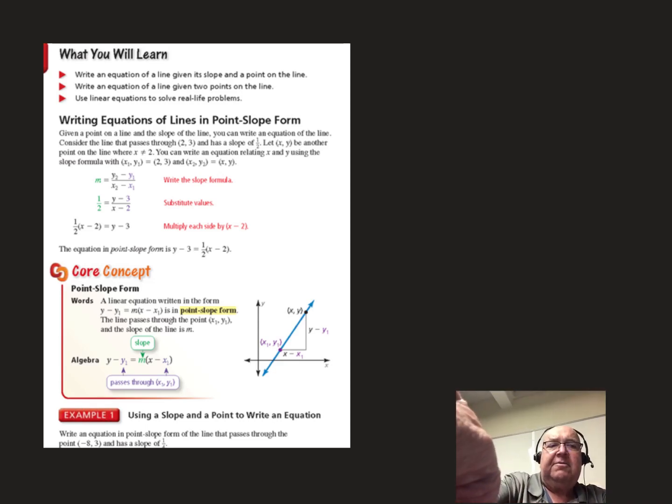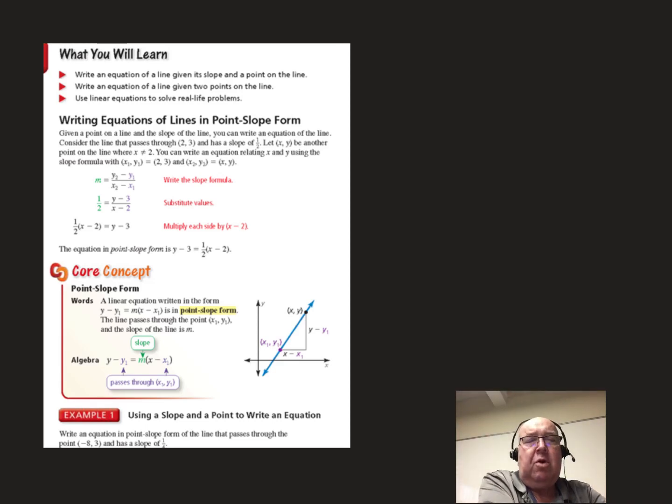In the last section, we wrote equations of lines in slope-intercept form, reminding you that that form is y equals mx plus b, where m is the slope and b is the y-intercept. We're going to introduce another form of an equation of a line called the point-slope form.